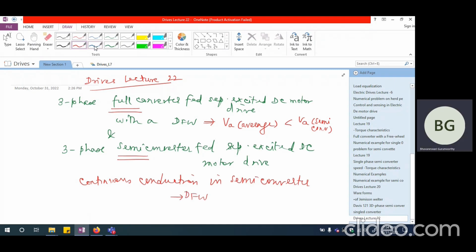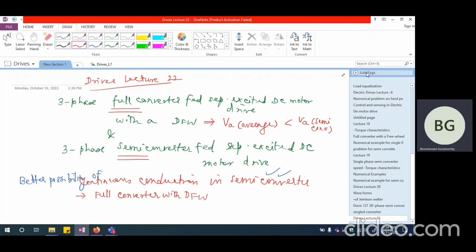So if I try to look at which one will have a better possibility of continuous conduction, that is going to be definitely better in semi-converter as compared to the full converter with freewheeling diode. So this is definitely not going to have as much possibility as the semi-converter case.